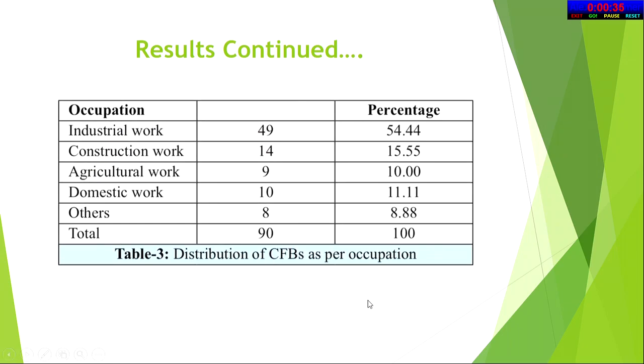For distribution of corneal foreign body as per the occupation, we found that industrial workers had the highest, around 54.4% of patients, followed by construction and agriculture work.